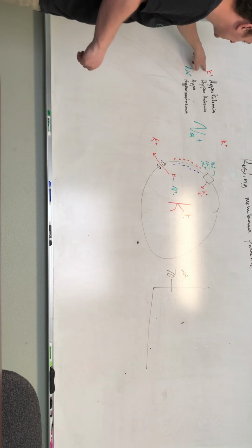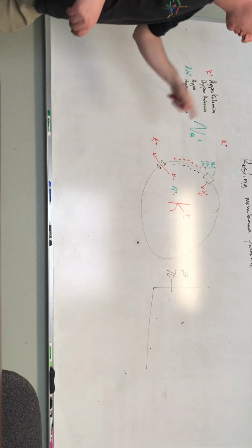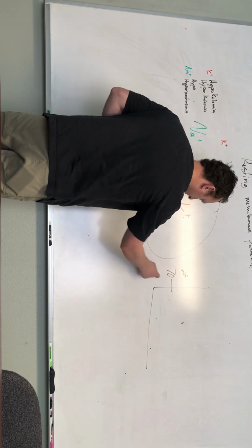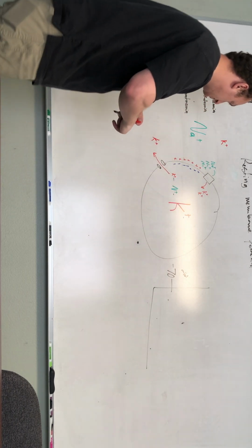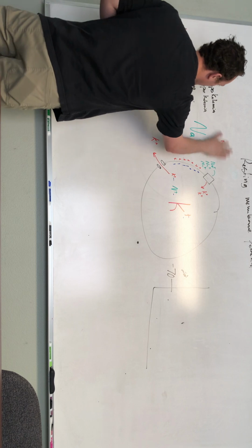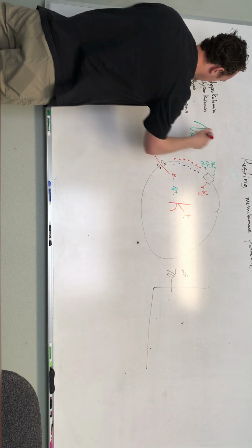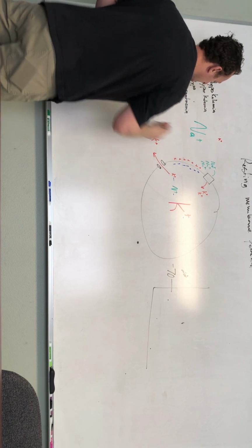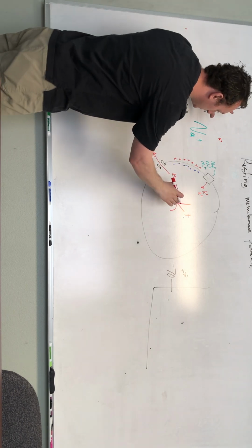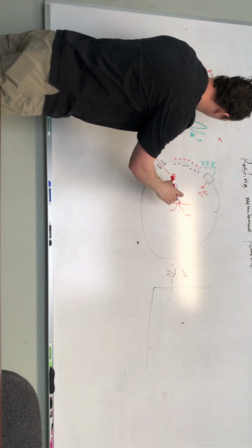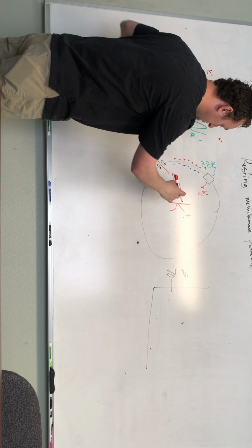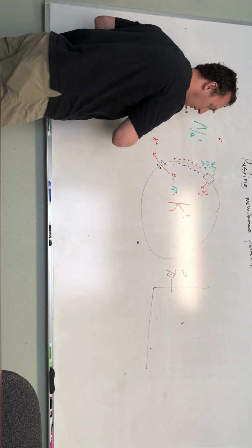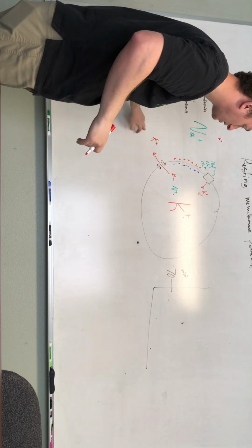Now, hypokalemia and hyperkalemia, that will affect your resting membrane potential, because let's say that you have even less potassium outside the cell. Well, that makes your chemical gradient bigger. It makes the difference between those chemical gradients bigger, which means more of your potassium is going to come outside the cell.